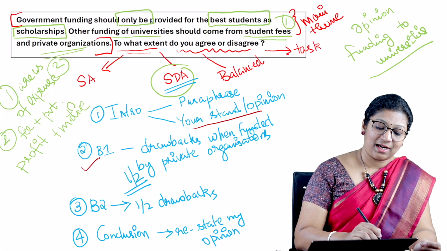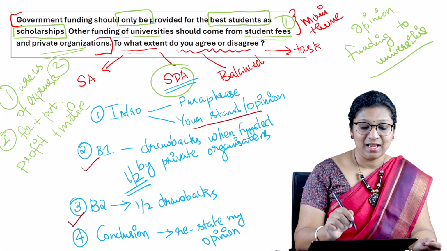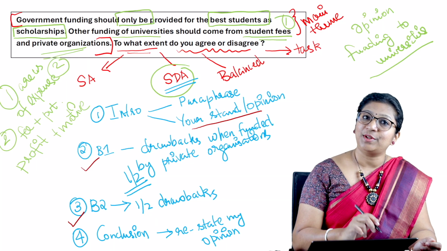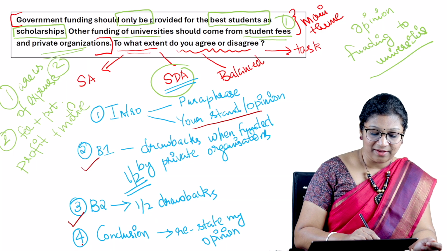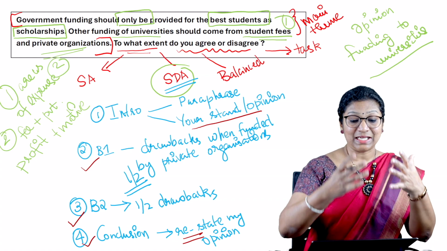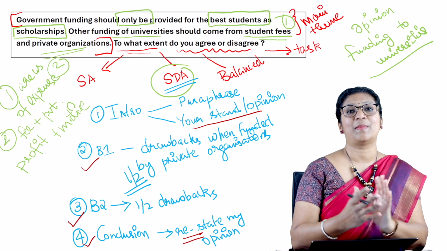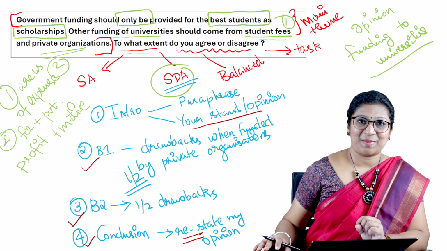My body paragraphs are structured based on my opinion, and because here I disagree, I'm talking about the drawbacks in both the body paragraphs. And towards the end, in my conclusion as well, if I restate my opinion, then the entire essay reflects my opinion. This is something I have to be very, very careful about.